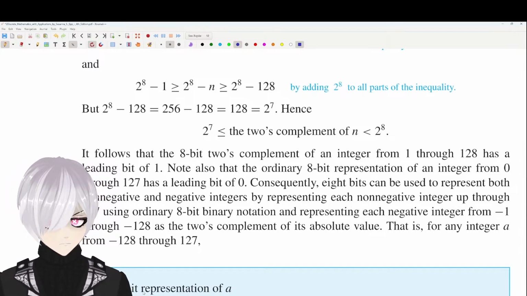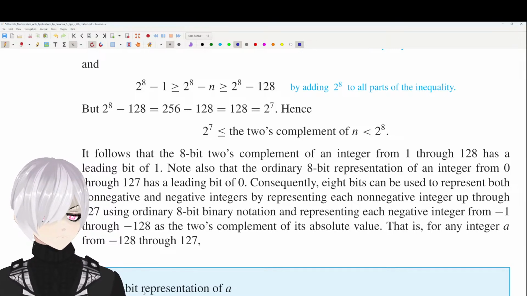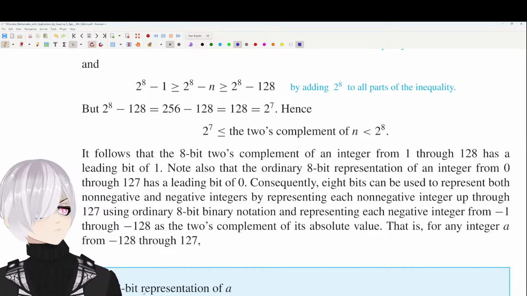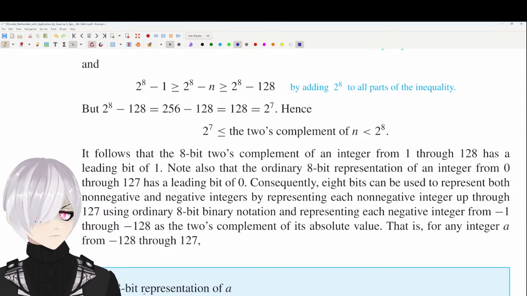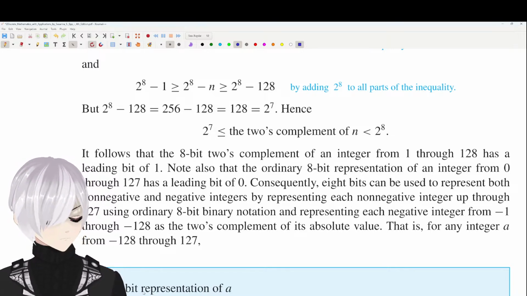And everything greater than that that can still be represented with 8 bits is going to be 2 to the 7th plus some other powers of 2. So you'll still have that 1 in the 2 to the 7th place. Once you get to 2 to the 8th, you'll no longer have the 1 in the 2 to the 7th place, but you won't be dealing with things that can be represented with 8 bits anymore. So the 8-bit 2's complement of an integer from 1 through 128 has a leading bit of 1.